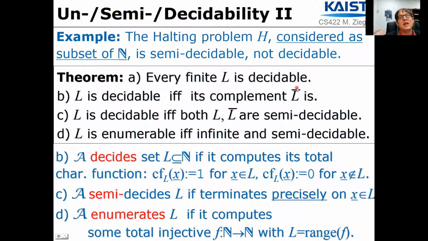And now apply the part of item C that we've just proven. Since the complement of L is now known to be decidable, the part of the claim that we have already proven finally yields the claim that we had been missing, and we're done.